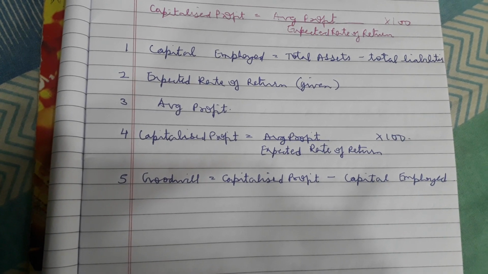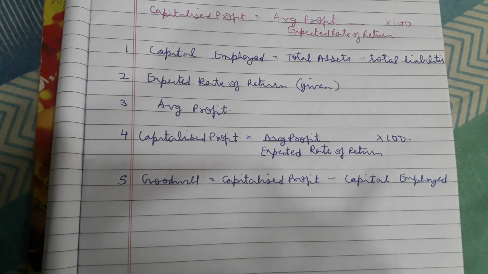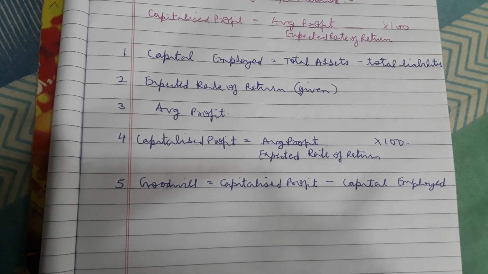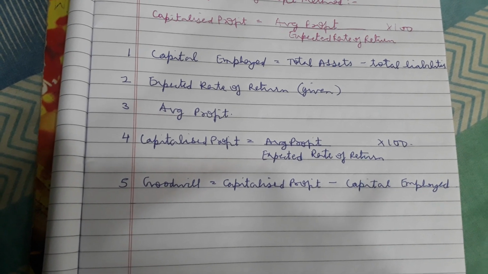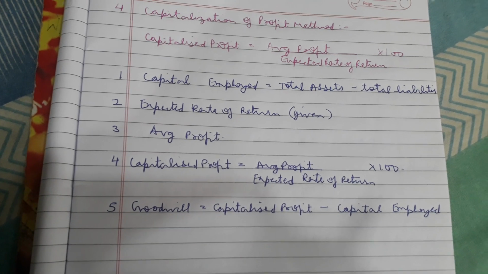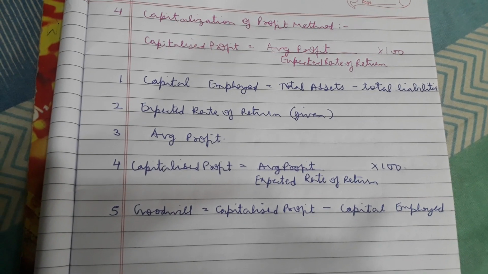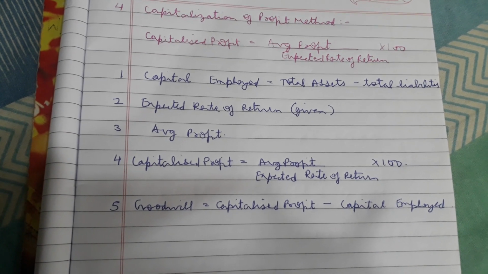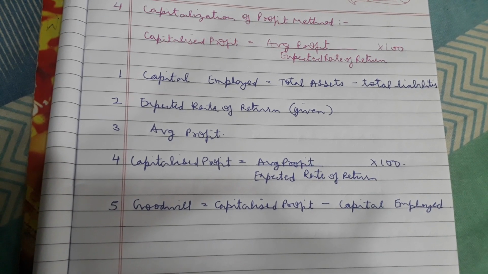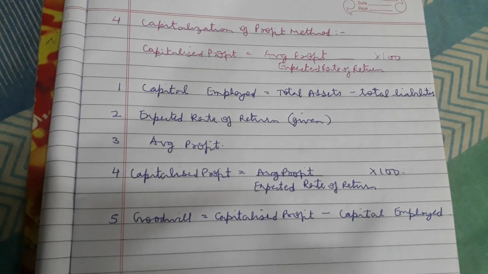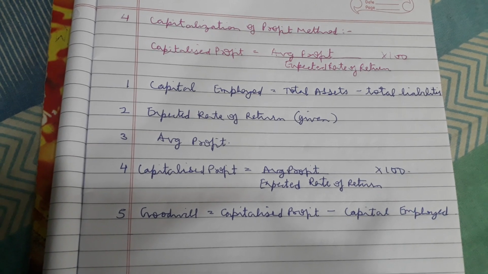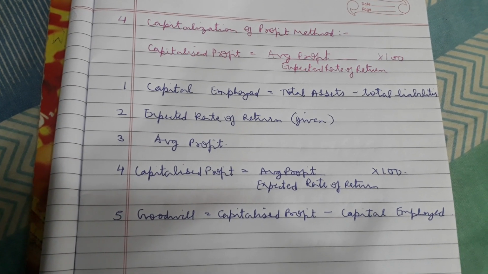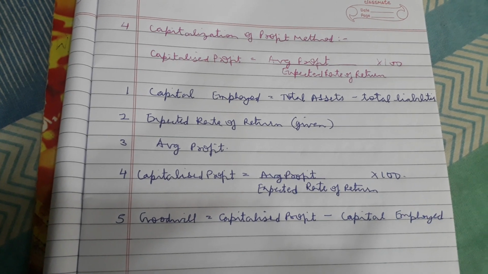Capitalized profit is equal to average profit calculated in point number 3 upon expected rate of return given in point number 2 into 100. Goodwill is equal to capitalized profit minus capital employed. Capitalized profit calculated in point number 4 minus capital employed calculated in point number 1. Here the answer of goodwill we have calculated by capitalization profit method.